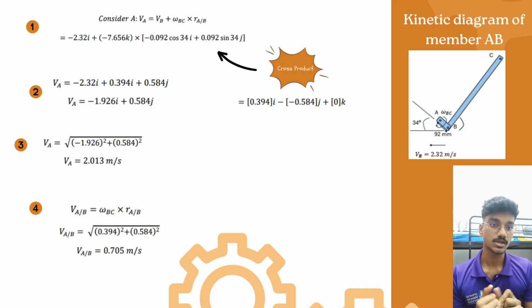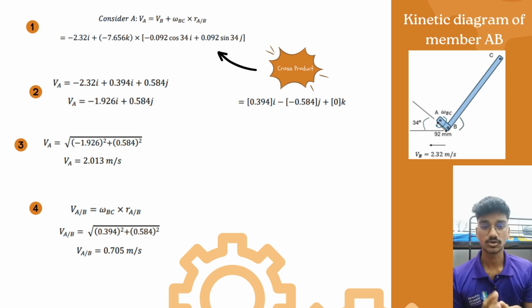Okay, now we'll find out the equation of velocity A, and it will be minus 2.32 i plus bracket minus 7.656 k times bracket minus 0.092 cos 34 i plus 0.092 sin 34 j.